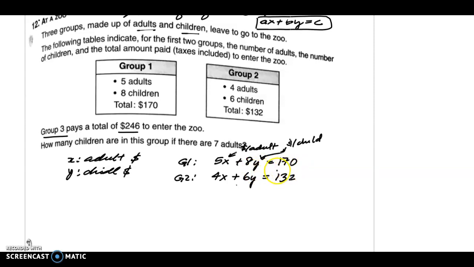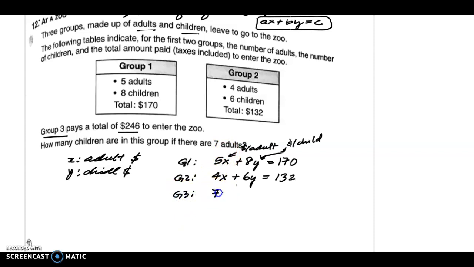So this is, remember how I talked about, we have our two equations. Now we can actually find, you just know, you don't know what the number of adults were in group 3, right? And they're asking how many children are in this group if there are 7 adults. Okay, so group 3, you know this.